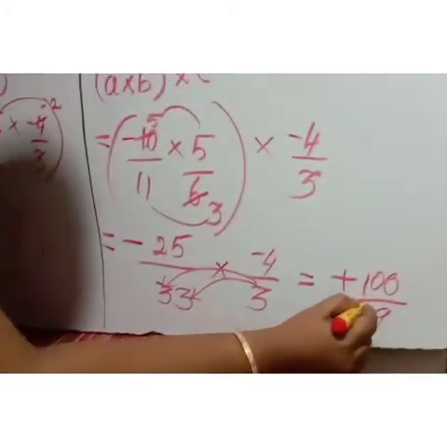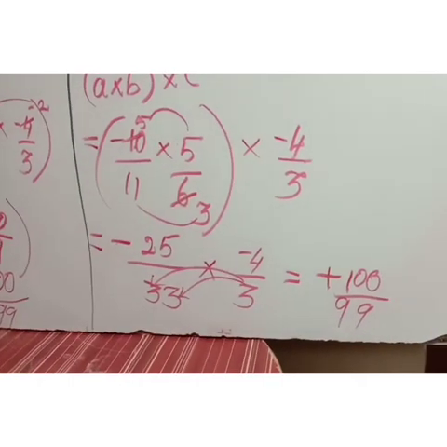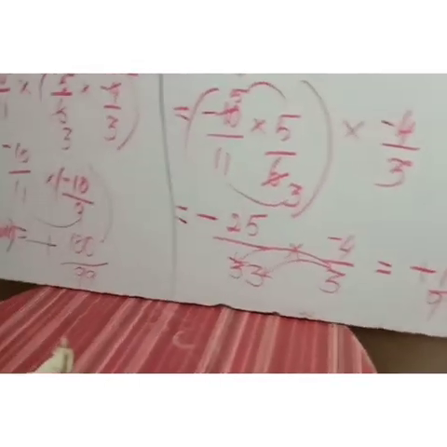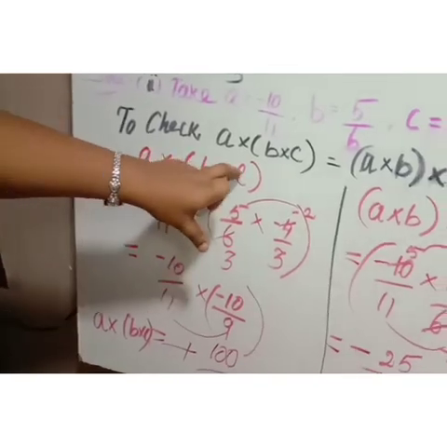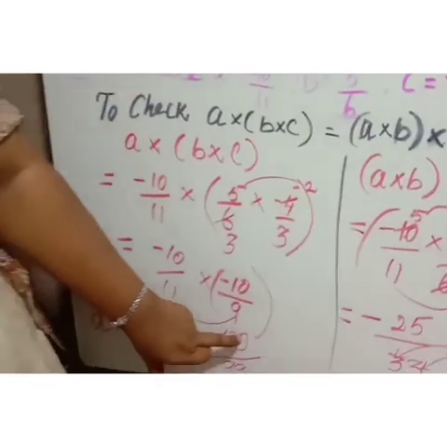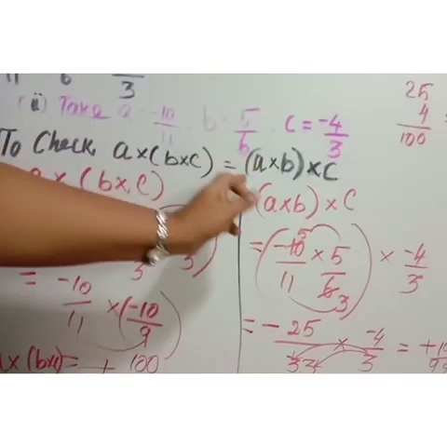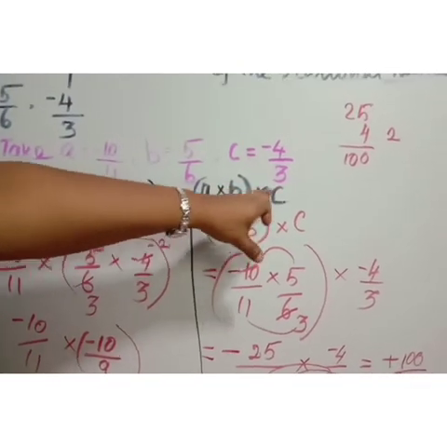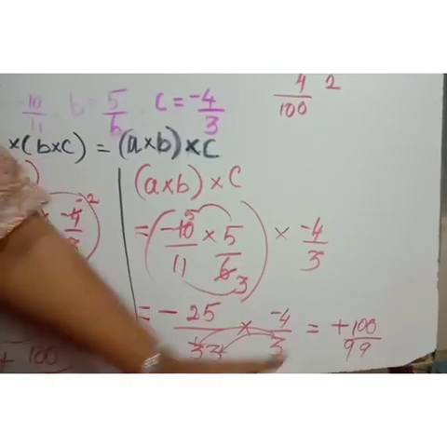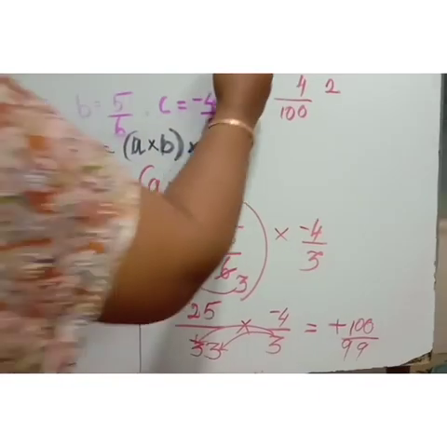So 100 divided by 99. See, A × (B × C) is plus 100 divided by 99, and next (A × B) × C is also plus 100 divided by 99.